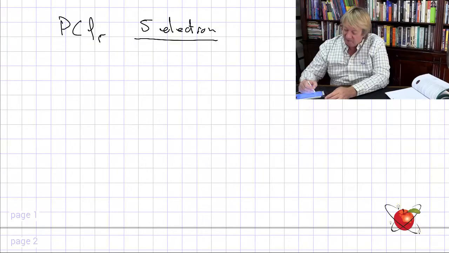Now let's look at the 5. As you can imagine, it starts getting a little difficult to draw this now. So what we've got is the PCl5, which is called trigonal bipyramidal, because we've got 5 electrons. Trigonal bipyramidal.